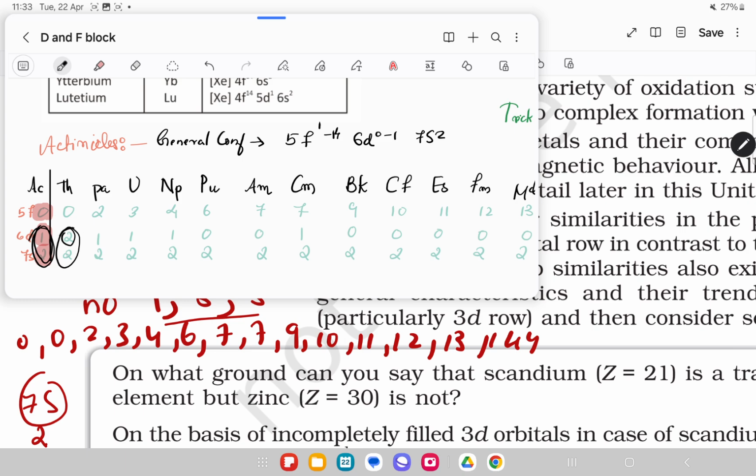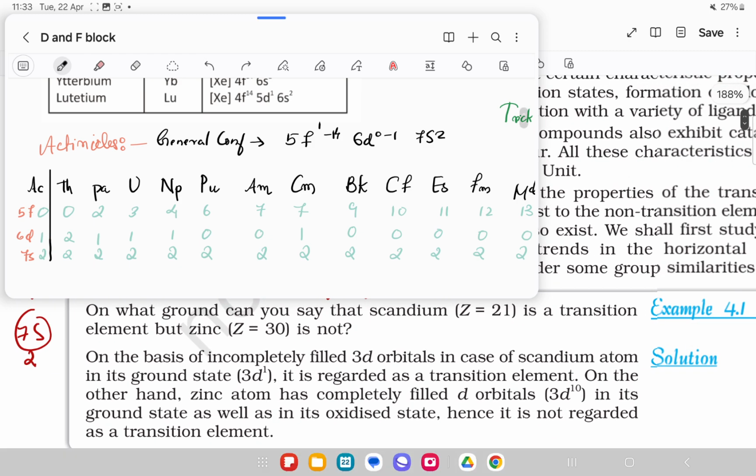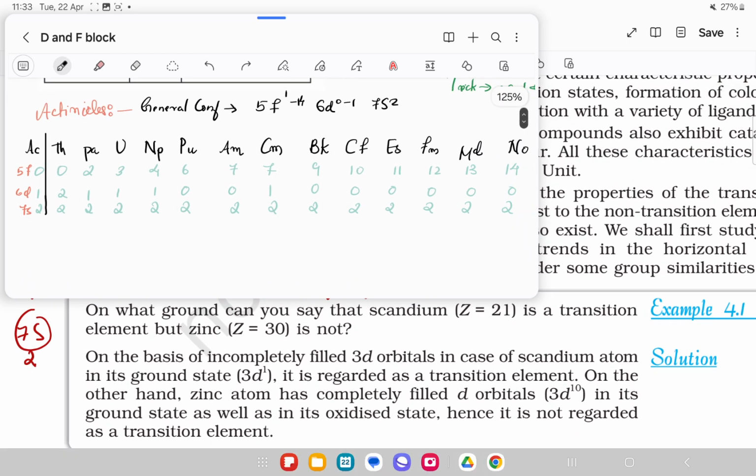So 2 plus 2 is 4, right? So here it should be 2 plus 2 already 4, so it should be 5. Like that you have to learn. In case anything is related to electronic configuration, if you cannot mug up, you can learn like this. If you are mugging up, then fine. If you have that much memory power, fine.